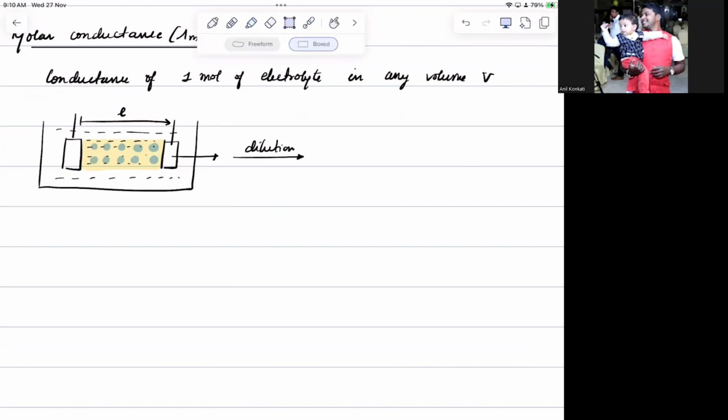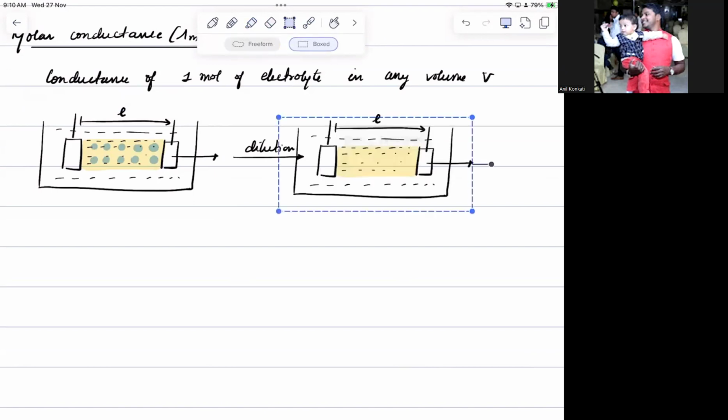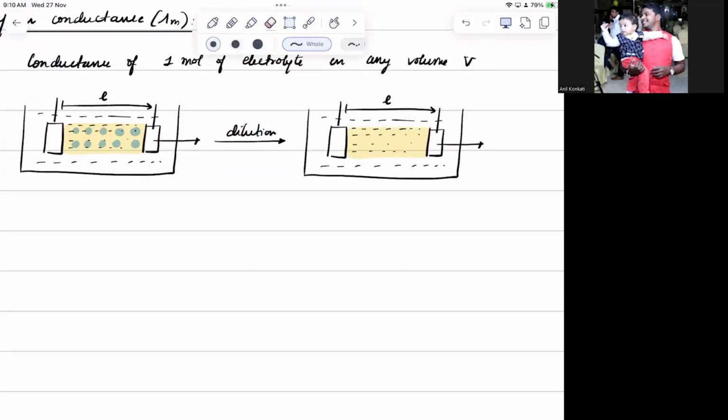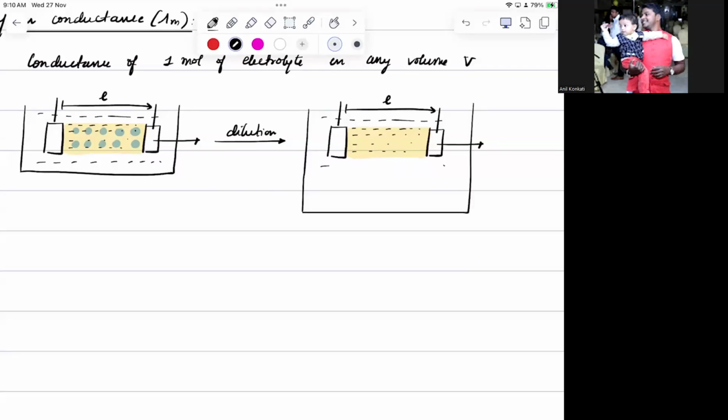But if you make a dilution here, then to accommodate the ions in the same plates, you have to change the size of the plates, or the dimensions of the plate must be changed, so that more solution can be accommodated.